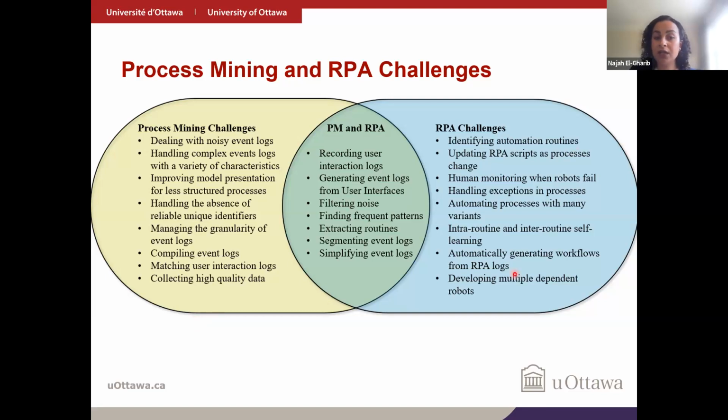On the RPA side, a lot of the challenges were on identifying routines that are suitable for automation, and human monitoring: if one bot fails, how can we react to that very quickly? Also automating processes with many different variations. As I said, unstructured processes or ones that have high variability bring more challenges to my RPA implementation, and also developing multiple dependent robots.